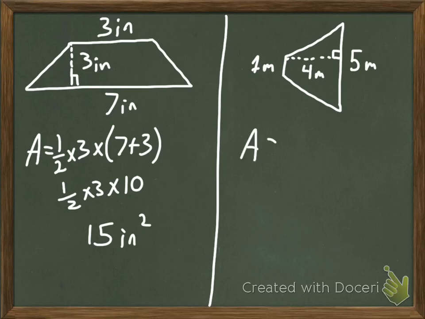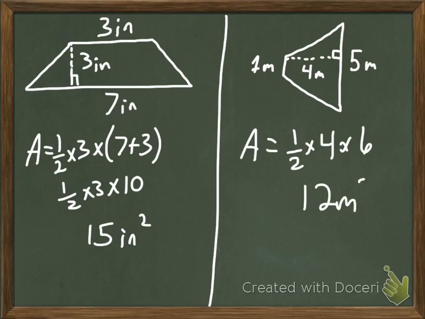Our second trapezoid is 1/2 times 4 times 6, so it's 12 meters squared. And that is area of parallelograms, rhombus, and trapezoid.